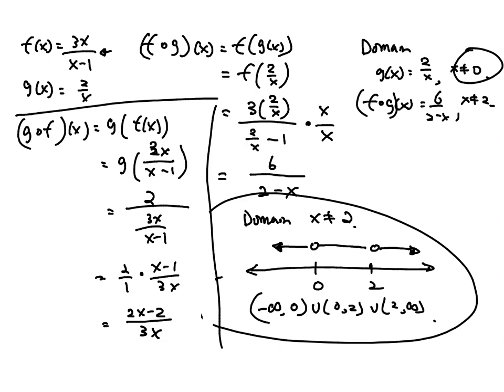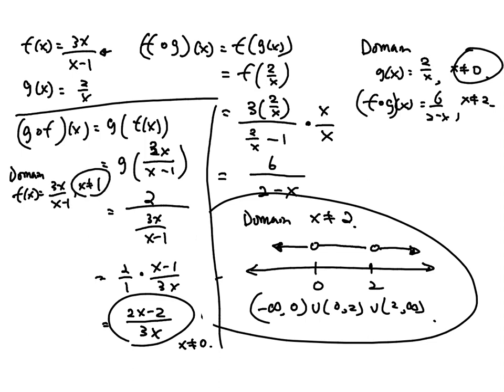Okay. So check this out. The domain for the final function is x cannot equal to 0. The domain for f of x: f of x is 3x over x minus 1, which means x cannot equal to 1. The g circle f we just found is saying x cannot equal to 0.